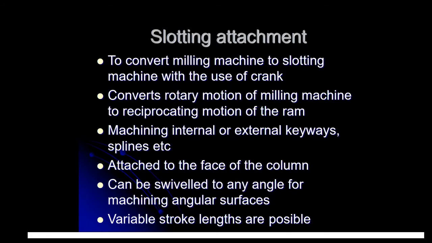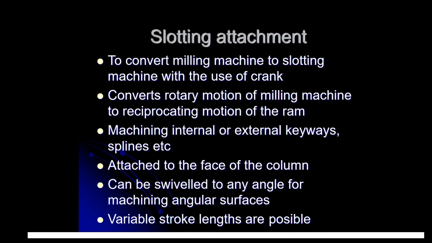Next is slotting machine attachment. They are used for converting the milling machine into a slotting machine with the help of a rotating crank. The rotary motion of the milling machine can be converted to the reciprocating motion of the ram.